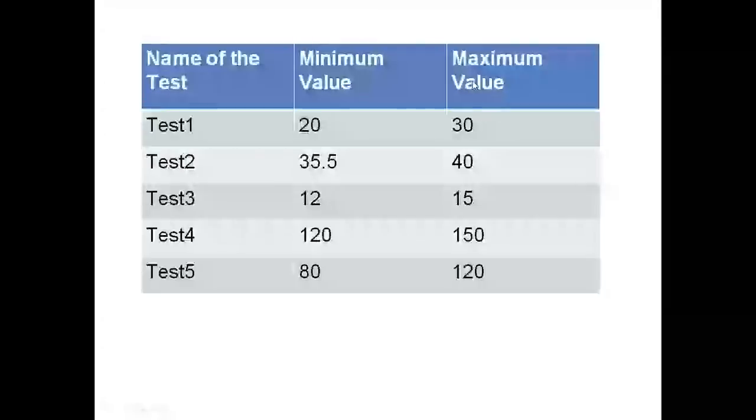Totally there are 5 tests, with a minimum value and a maximum value. That is, for test 1 the patient can have a value from 20 to 30. That is the meaning. For test 2 the patient can have a value from 35.5 to 40 to be normal. If he has a value less than 35.5 or greater than 40, then he is said to have an abnormal condition for this particular test, right?